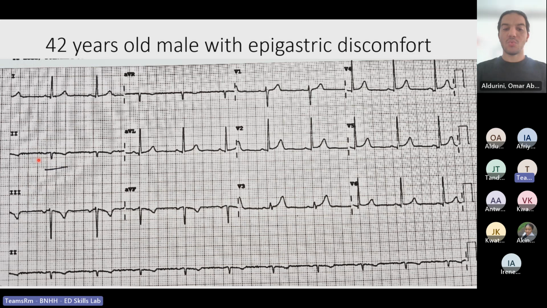Okay. And 2, 3, and aVF represent which area in our heart? The anterior? The anterior is represented by V1, V2, V3, and V4.